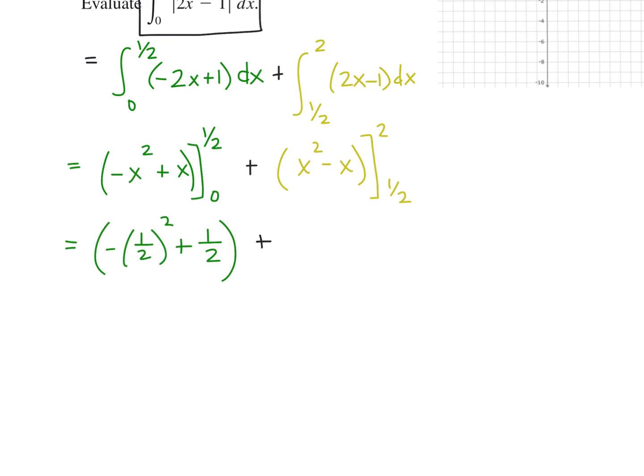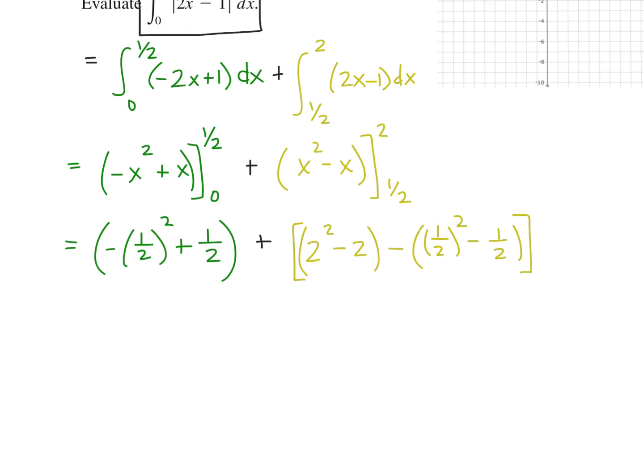So the first thing we want to plug in is 2. So we'll have 2 squared minus 2. And then we want to subtract, evaluating at 1/2. So when we evaluate at 1/2, we'll have 1/2 squared minus 1/2. A lot of parentheses here. You can choose to do as many parentheses as you want, but this is just what helps me.